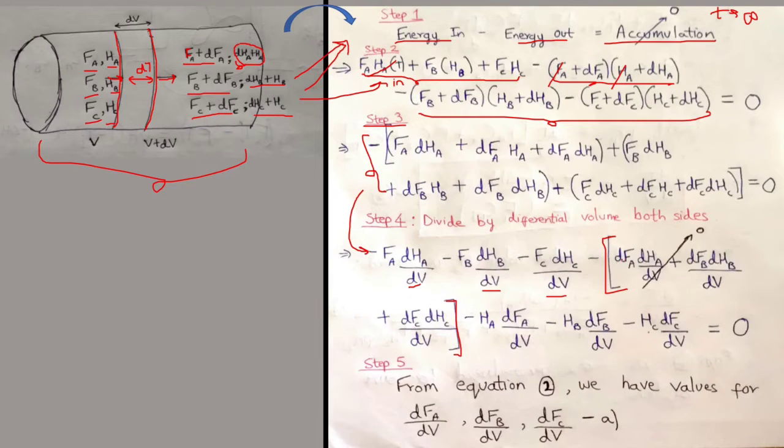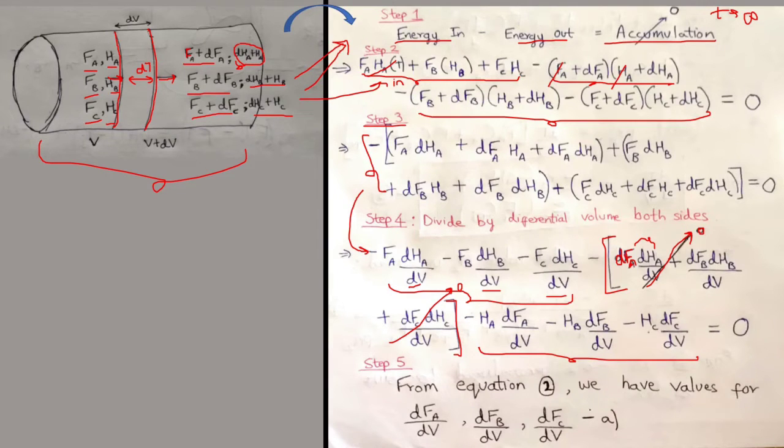Since we are multiplying a differentially small, infinitesimally small value into however big the value is, this value will be equal to 0, and hence this entire bracket will be 0. All right, and we have to see what we can do with these cases.